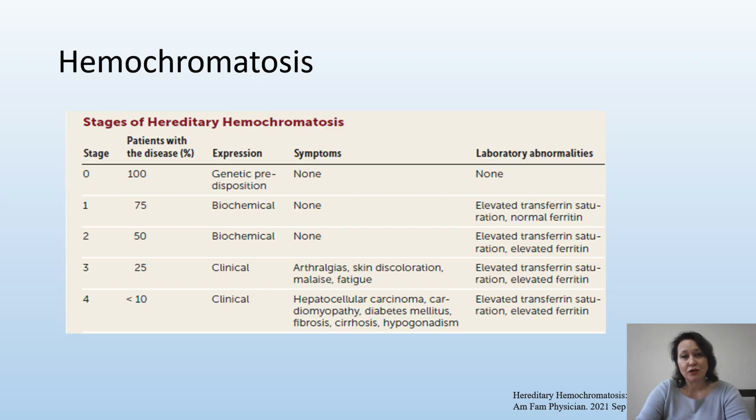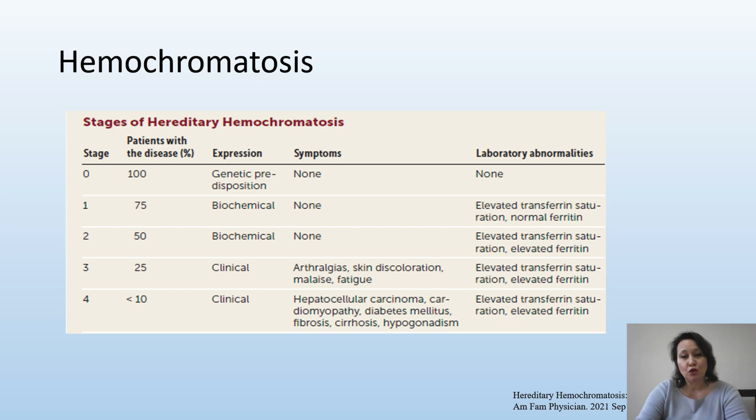There are stages of hereditary hemochromatosis. Initially, the patient has just a genetic predisposition and has no symptoms, no clinical signs, no lab test changes. If this stage progresses up to stage 1, the patient has biochemical changes. It can be elevated transferrin saturation, normal ferritin level, and no symptoms.